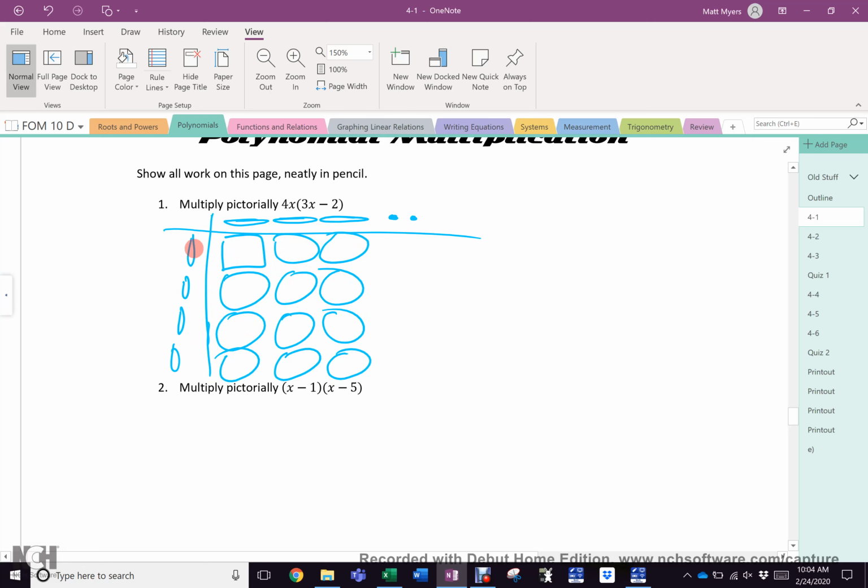What wins, negative or positive? Negative. So it's that long, but it only stretches that wide. And it's filled in. 1, 2, 3, 4, 5, 6, 7, 8. And of course the answer is 12x squared minus 8x.